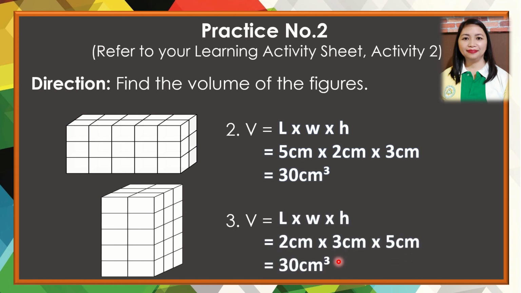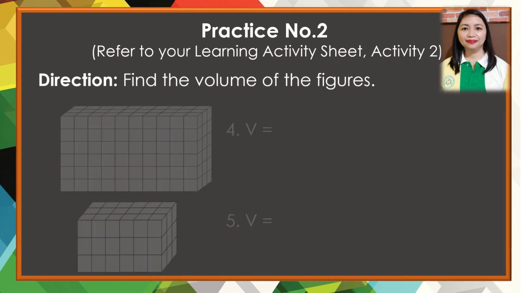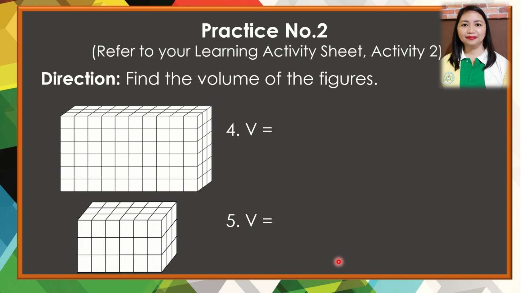Okay, for number 3, that would be length times width times height is 2 times 3 times 5, which is 30 cubic centimeters. Okay. Did you get that? Let us go to number 4 and number 5. 2 minutes.